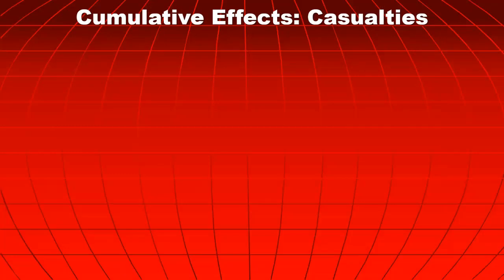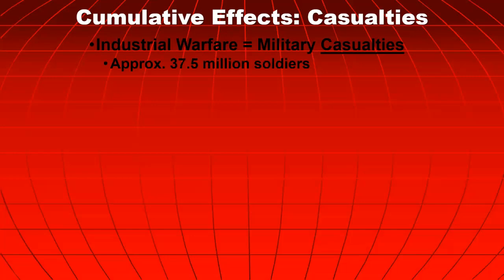For example, all of them are focused on casualties. And again, we talked about this in the last video, but casualties now are the measure in a war. Not people killed, but people killed, wounded, missing, prisoners, if they can't fight. Okay? So if you look on your chart, the proximate effect of industrial warfare obviously is going to translate to a cumulative effect of military casualties. 37.5 million soldiers approximately are military casualties.